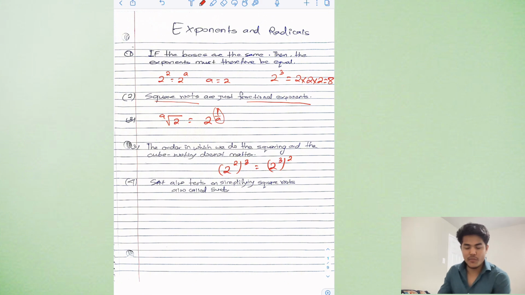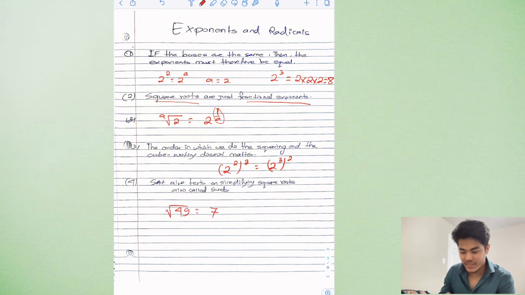And one more thing that we need to be very careful about. In tests like the SAT, it tests on simplifying square roots, also called surds. For example, if we are given the square root of 49, it's nothing but 7.